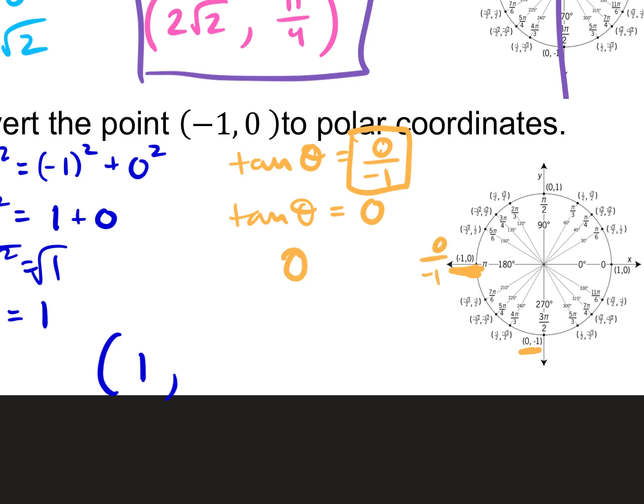So what would theta be? Pi. So I would say don't even simplify your tangent. You can just leave it like this to tell you that you're looking at this point. If we did y over x for here, it would be -1 over 0. Not the same. So this would be pi.